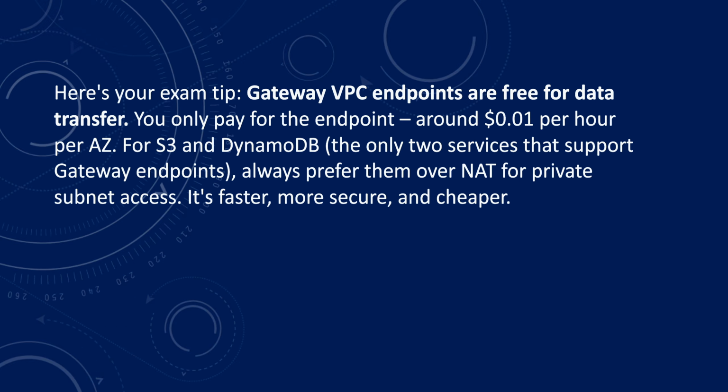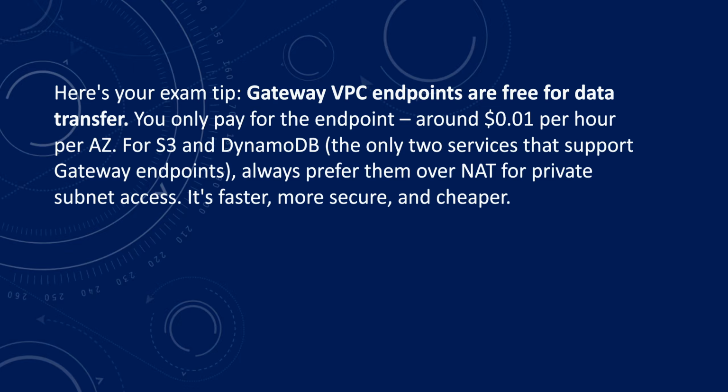Next is a tip for the exam. Gateway VPC endpoints are free for data transfer. You only pay for the endpoint, around $0.01 per hour per availability zone. Amazon S3 and Amazon DynamoDB are the only two services that support the gateway endpoint.